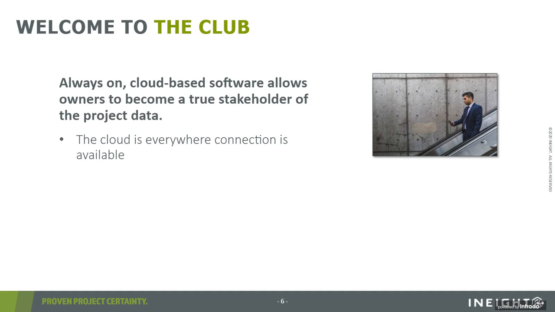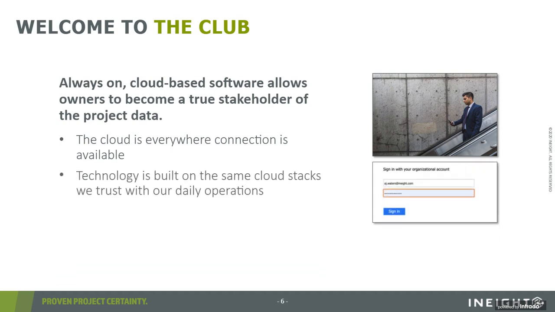But one of the things that always makes people think twice about cloud-based technology is whether or not that data is secure. And what's great about today's capital project software, if you really look under the hood of what folks are offering out in the industry, is that those technologies are already built on the same cloud stacks that you're trusting for your daily operation.